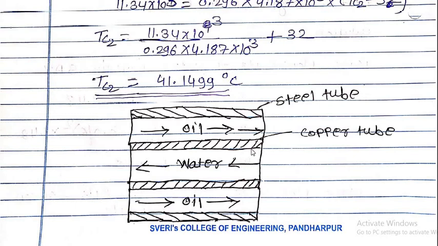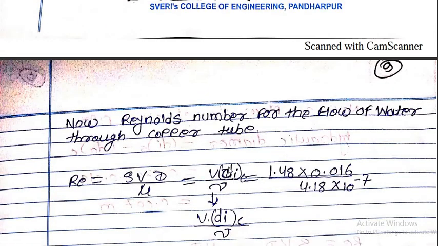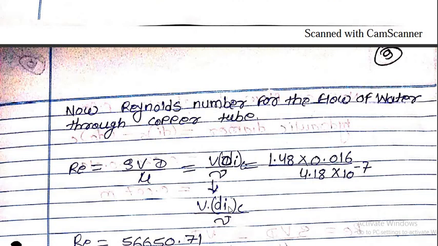So for flow through a tube, the hydraulic diameter should be considered as the inner diameter of the tube. So our equation becomes V multiplied by d suffix i, the inner diameter of the copper tube, divided by nu, where mu divided by rho is nu, the kinematic viscosity.